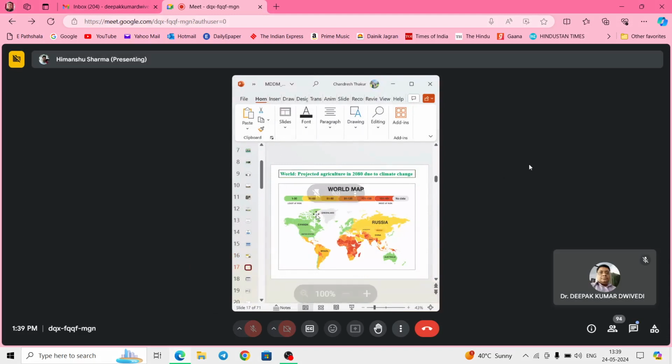This is the map. If we don't control our climate change, then up to 2020 this is the scale of climate change. Agricultural land is decreasing day by day. By 2080, due to climate change, temperature will increase. The red areas are the conversion of cultivation land to barren lands.